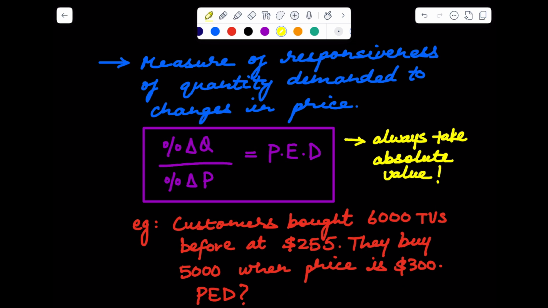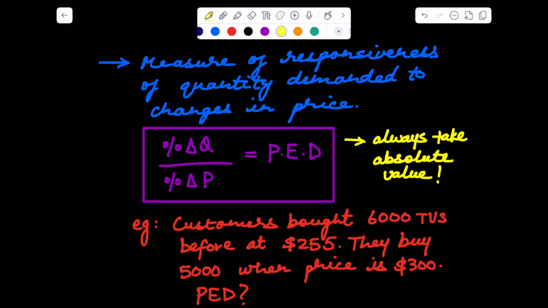So if price changes a lot by a certain variation, the amount demanded for a certain good is definitely going to change, because as we saw in the other video on demand, there's always a negative relationship between quantity demanded and price. So how do we calculate this elasticity?